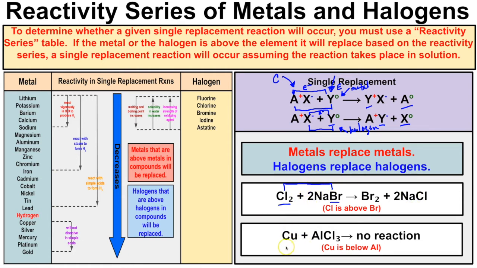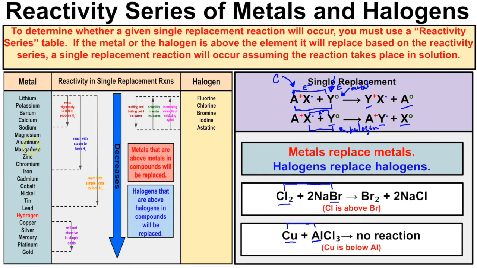In this example, we have a metal reacting with some sort of ionic compound, and we want to know, is this metal going to end up switching places with this metal? The way we figure that out is by looking at our reactivity series. We need to figure out if copper is above aluminum.